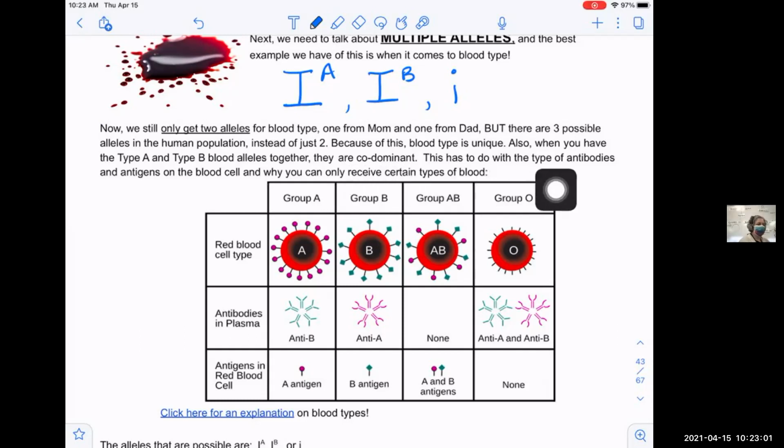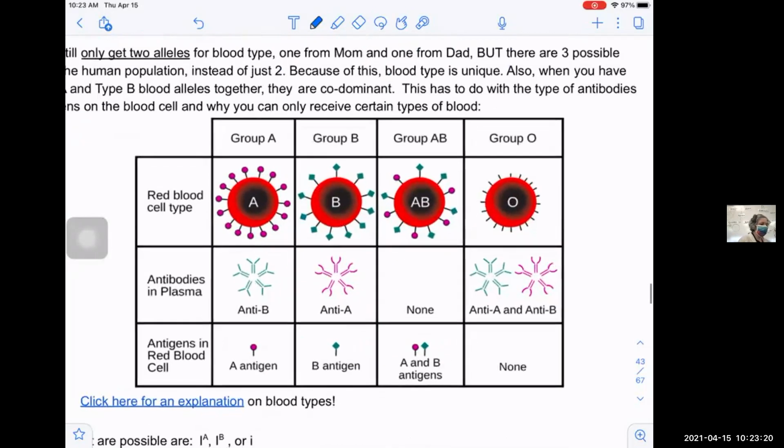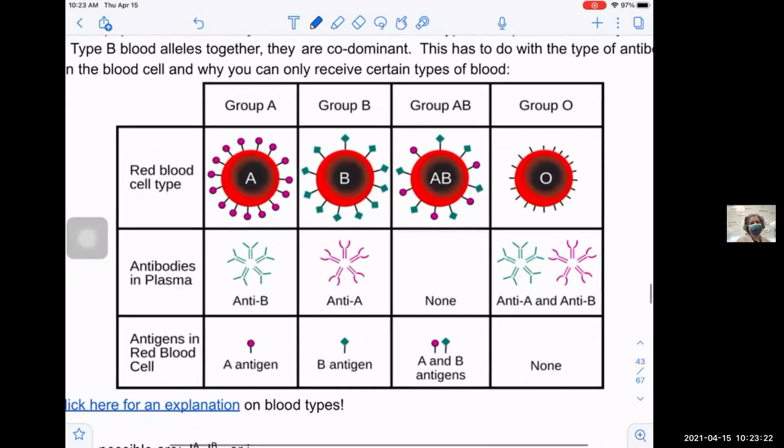And this has to do with antibodies in the plasma and antigens on the blood cells. So I'm going to give you just a really quick explanation of this. If you are interested in learning more, there's a link here you can go to. So you probably know that there's 4 blood types, at least the groups.